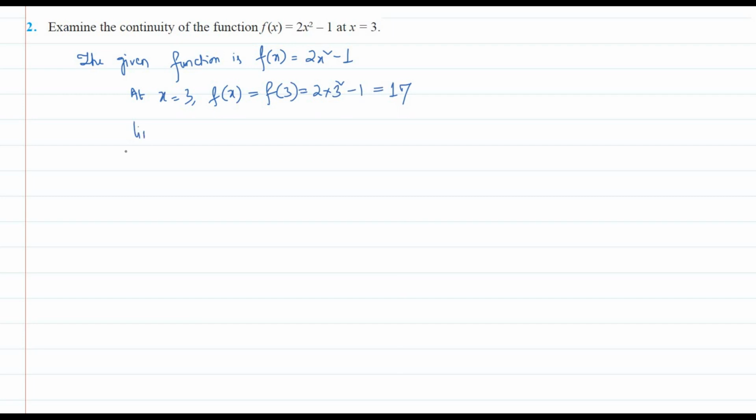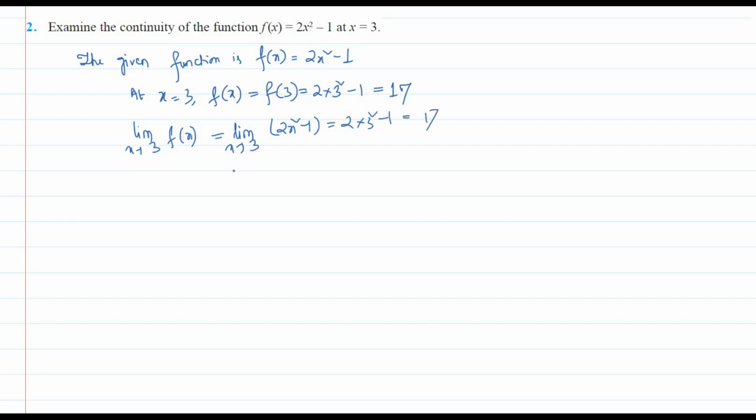And now limit of x tends to 3, f(x). See, we are not calculating the left hand limit and the right hand limit separately, because the function has no change in definition. If the function had change in definitions, we need to consider the left hand limit and the right hand limit separately. So that is going to be equal to limit of x tends to 3, 2x² - 1 is equal to 2 into 3 squared minus 1 equal to 17.